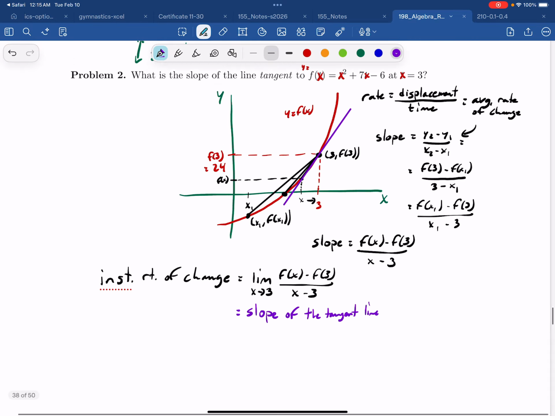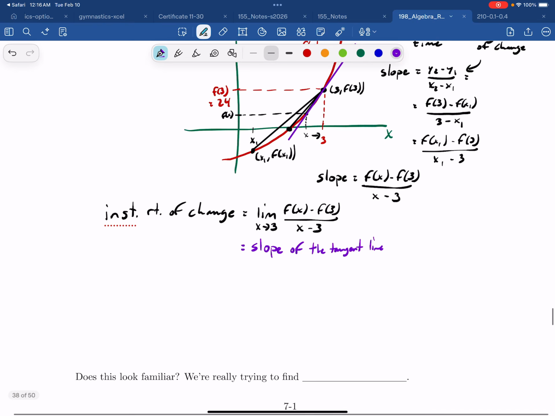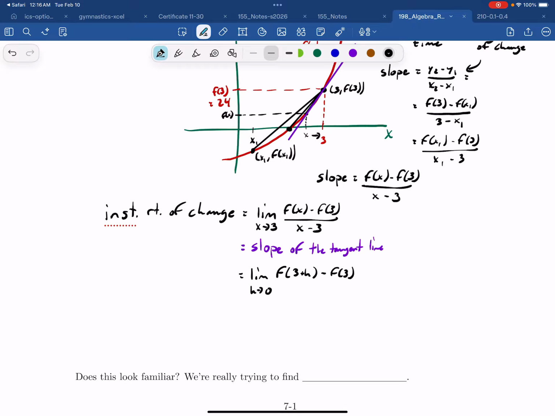Okay. Now, another way to write this is the limit as h approaches 0 of f of 3 plus h minus f of 3 all over h.